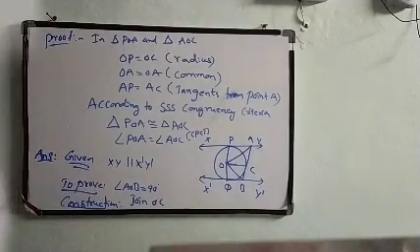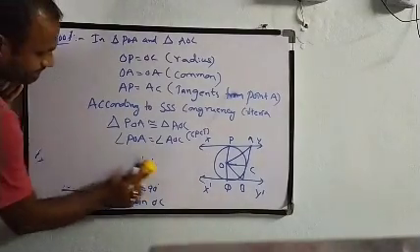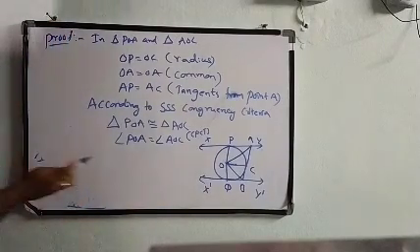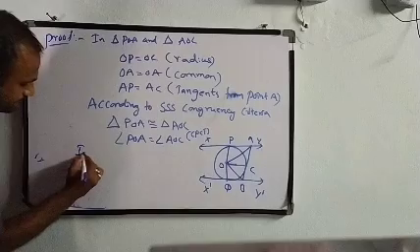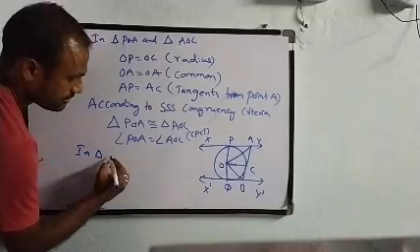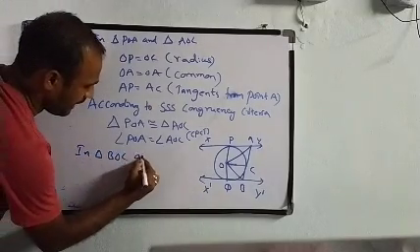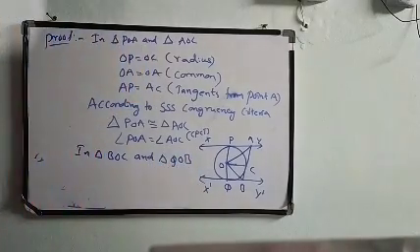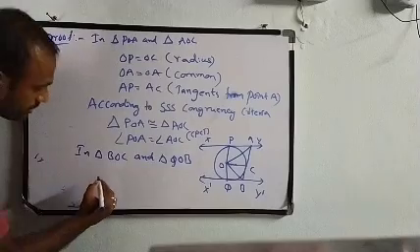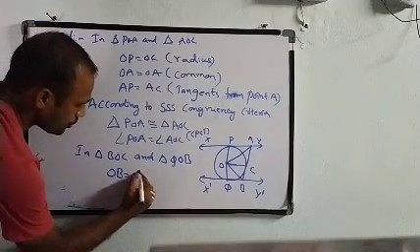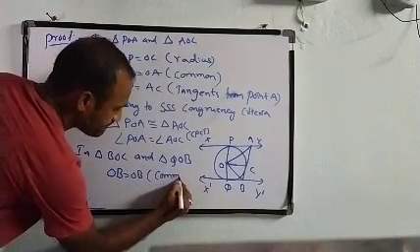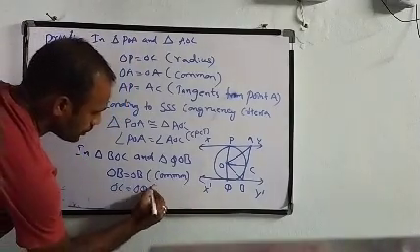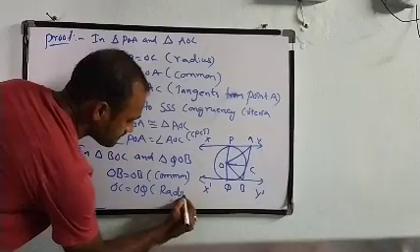Now, let us take another two triangles. In triangle BOC and triangle QOB, OB equals OB, which is a common side, and OC is equal to OQ, which is radius.